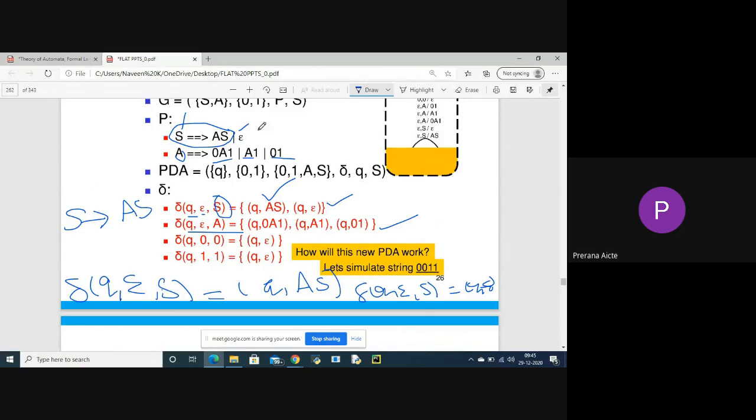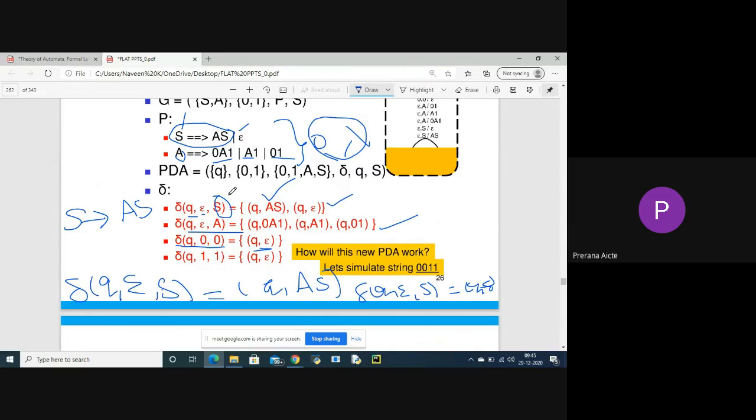And next, in the given grammar, 0 and 1 are the terminal symbols. Then we will write delta of Q comma 0 is equal to Q comma epsilon. It is the fixed production. And for 1, delta of Q comma 1 is equal to Q comma epsilon.